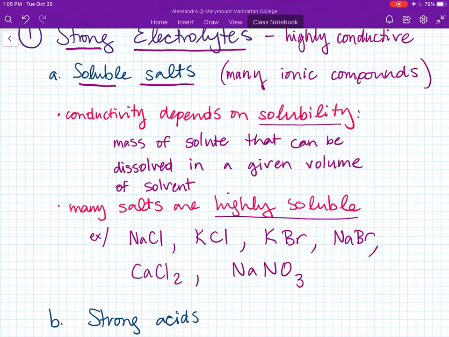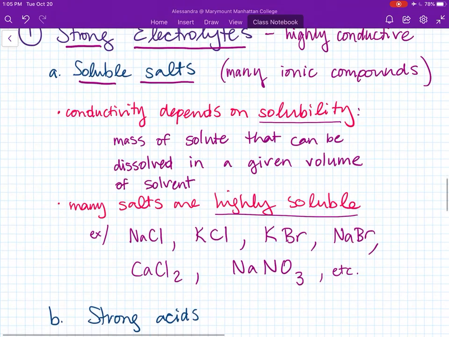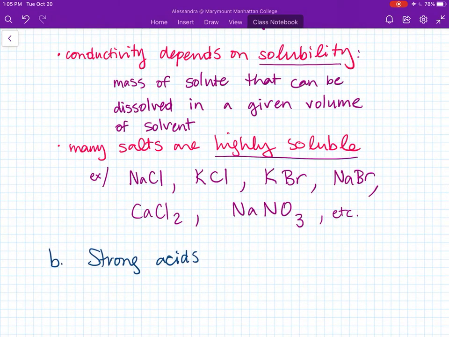Calcium chloride is pretty soluble. Sodium nitrate is very soluble. A little bit later on this semester, we will learn which salts tend to be very soluble and which ones are only slightly soluble. So that's the first category of solute that can make a strong electrolyte.